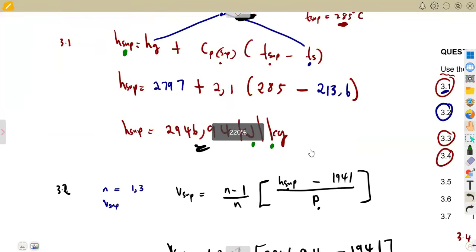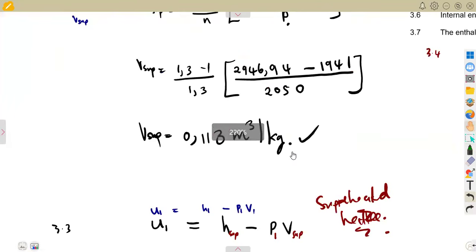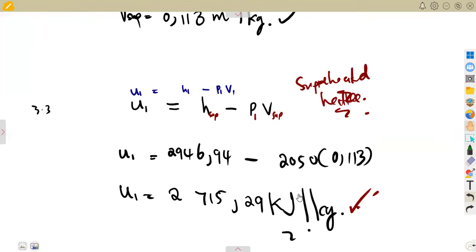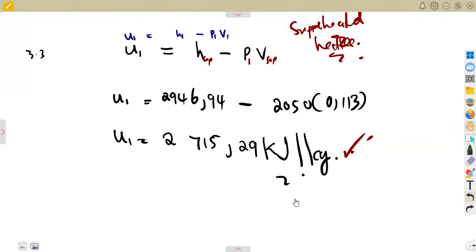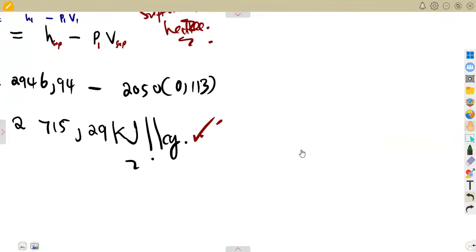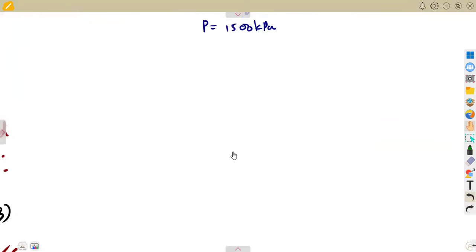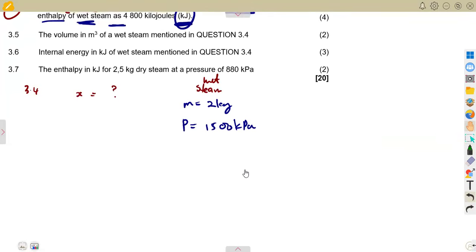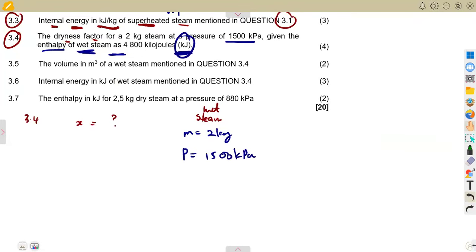You understand me now. If you check here, they gave us the enthalpy of wet steam, which is H wet.